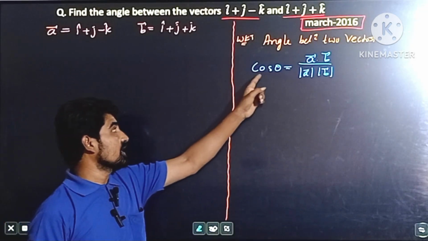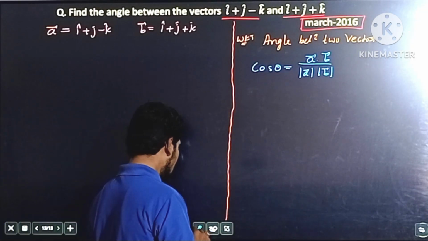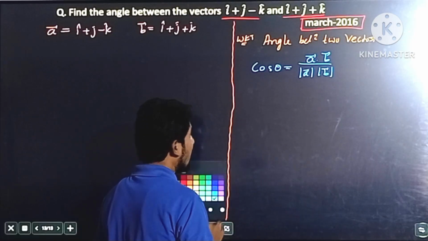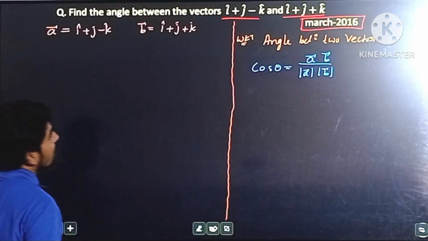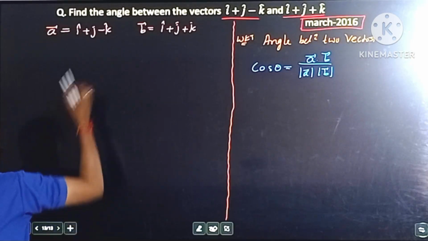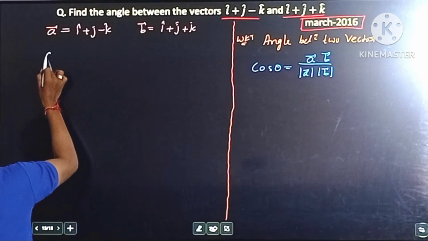So to identify the angle between two vectors, we need what? A vector dot B vector, and magnitude of A vector and magnitude of B vector. In this question he has already given A vector and B vector. So first calculate the value of A vector dot B vector.